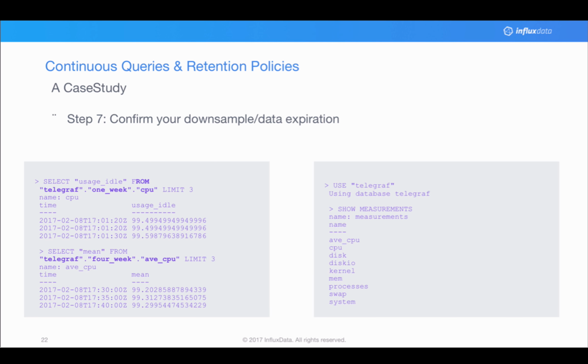So if you look here, from Telegraf 1 week CPU, we get a certain set of data there. And then if we say from Telegraf 4 week CPU average, we will see the data below. And those are 5-minute roll-ups, if you'll notice by the timestamps.